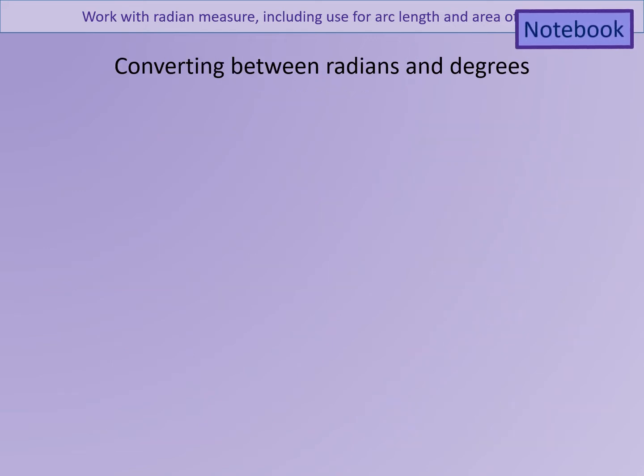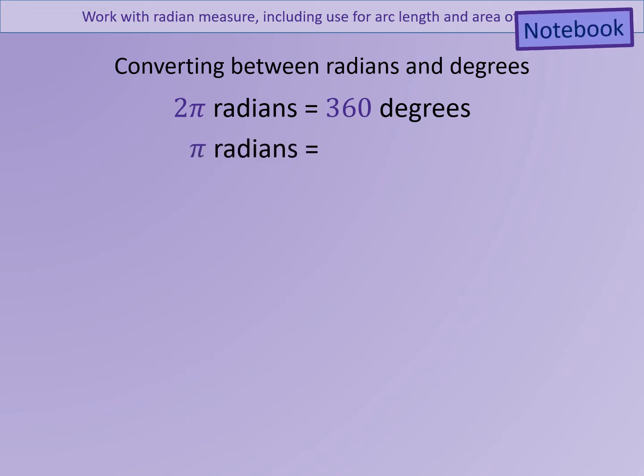We're going to look for a convenient way of converting between radians and degrees. We can always start with the fact that we know there are 2 pi radians in a full turn, and we also know there are 360 degrees in a full turn. So multiplying or dividing both sides by the same value will always give us equivalent values in radians or degrees. For example, dividing by 2 gives us that pi radians is equivalent to 180 degrees.